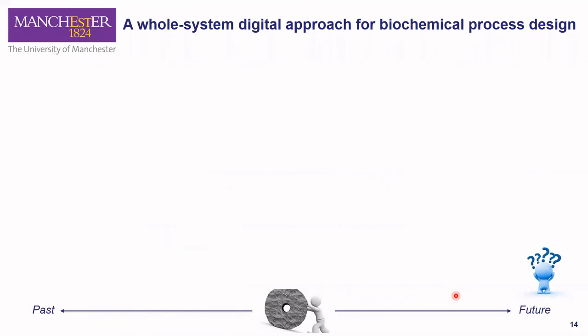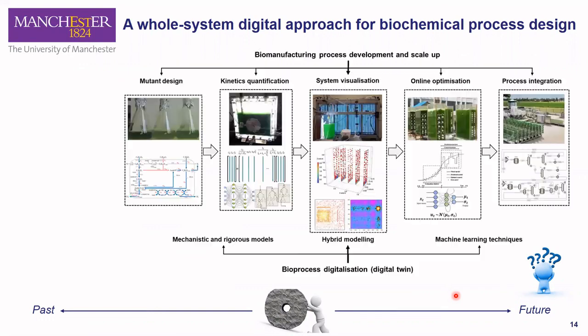Now, if you look at the future of biochemistry and particularly biochemical engineering, which aims to apply the knowledge of biochemistry into the real world, I can say that at this moment, for each individual level, from the metabolic level to the process level and to the plant level, there are already advanced digital techniques that have been developed, and we can build different models for each individual sector.